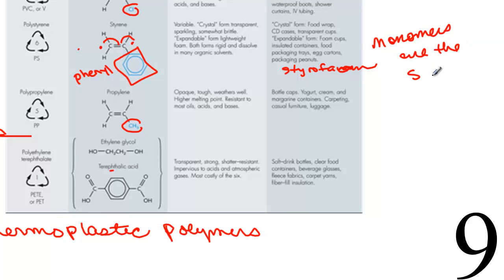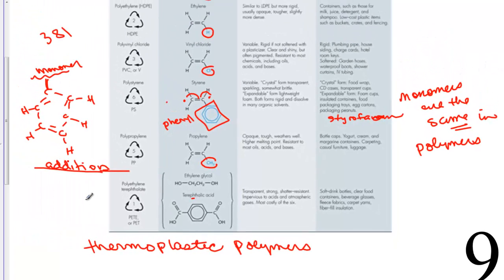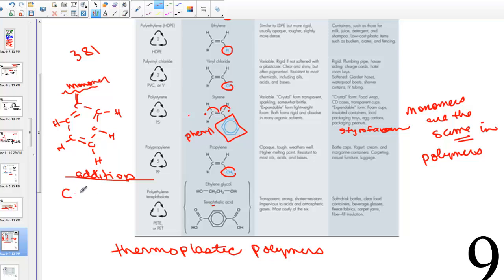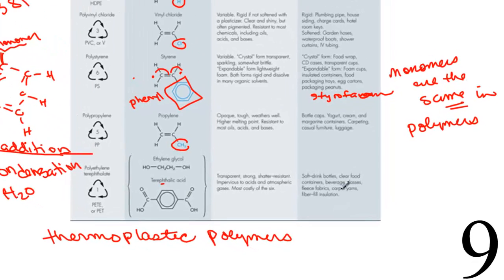Monomers are the same as they propagate to the polymers. Now what we're going to introduce is something called a condensation reaction. Perhaps that word might lead you to think it's going to involve water. And we're going to take out a water to create a linkage spot between two different monomers.